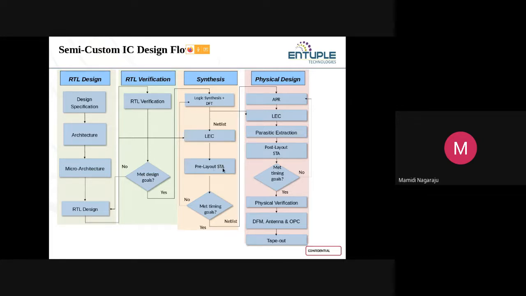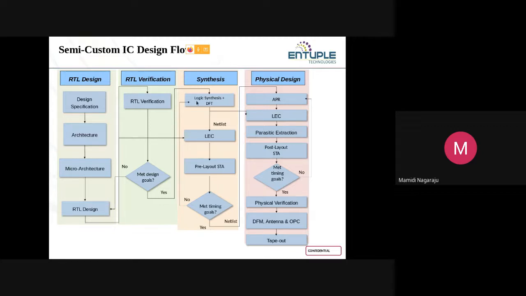This is the main thing we have to check, and we can find which paths are critical. A critical path means the path which takes more delay. We check whether setup time and hold time are met, and if so, we go to the next step, called physical design.